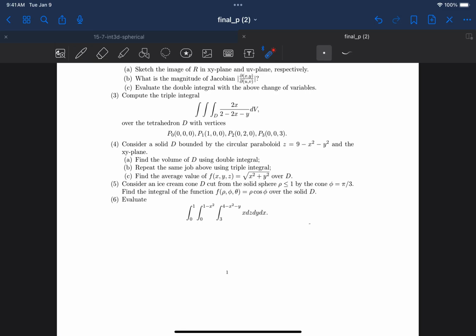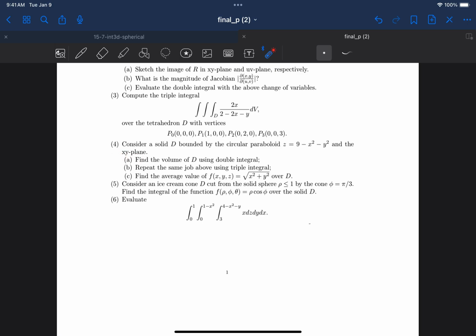Yeah, so it's a solid D bounded by a circular paraboloid, which is like a cap you can think of. This is z equals 9 minus x squared, which is a parabola in the xz plane. But if you have minus x squared minus y squared, then you can think of a 3D parabola, which is called a paraboloid, in the xy plane.